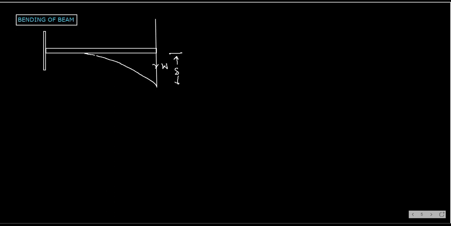Then delta is equal to WL cube divided by 3YI, where I is the moment of inertia. In system of particles we have learned how to calculate moment of inertia, and you can use it, right?